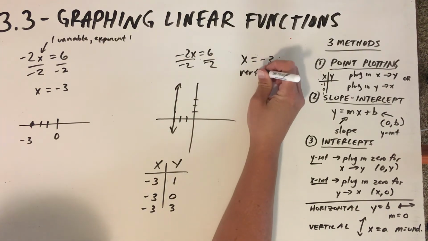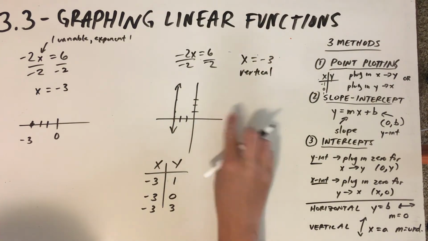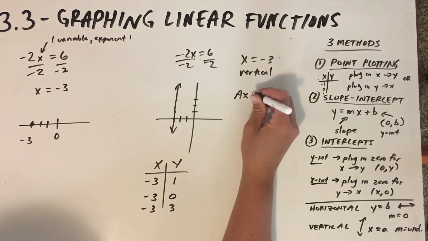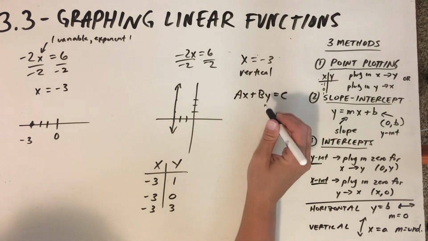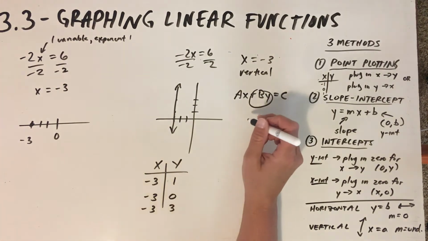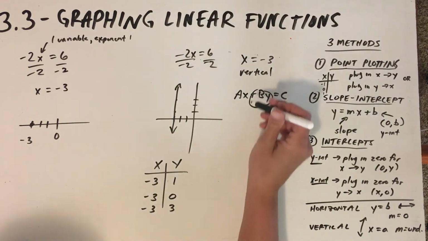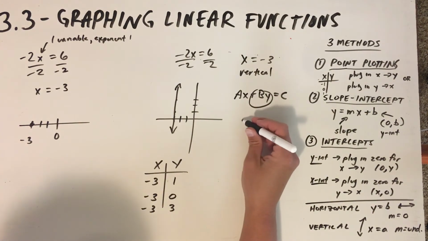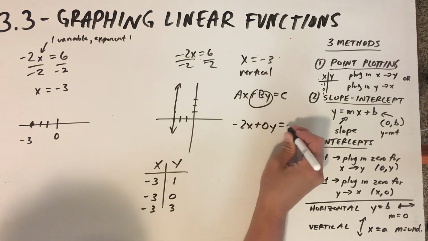Okay, and the reason why is, if I were to put this in standard form, remember back when we talked about the standard form, ax plus by is equal to c. Well, if the coefficient of this y right here is 0, then no matter what I plugged in here, so this says -2x plus 0y is equal to 6.